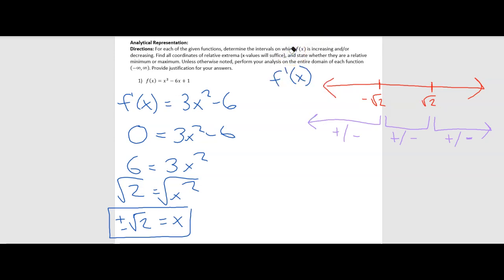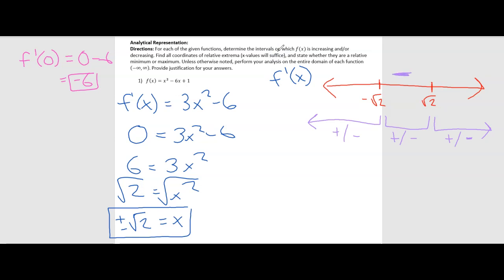So let's test that. f prime of 0 is equal to 0 minus 6, which is equal to negative 6. So our derivative is negative on this interval.